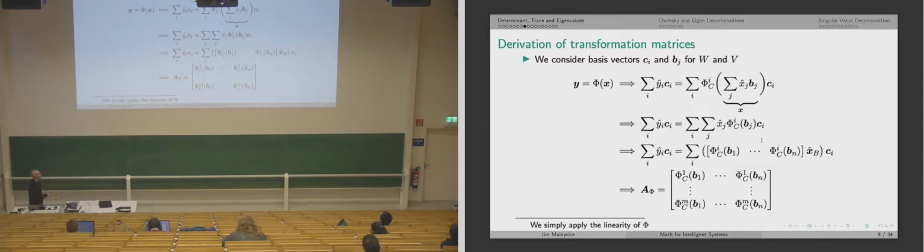So this result is actually super important because transformation matrices of linear maps come up over and over and over again. So it's very important to nail down that what's happening is that we have the coordinates of the basis vectors of the domain expressed by the transformation matrix. And the only trick that we do is applying linearity here.